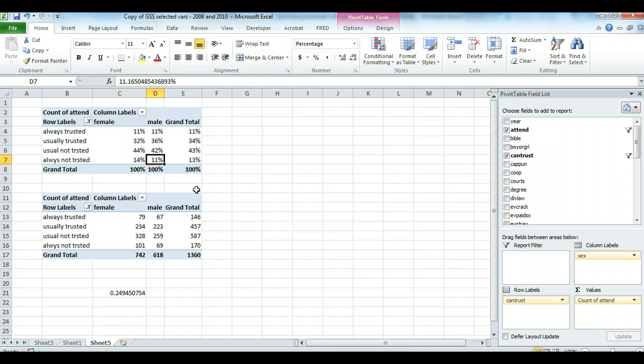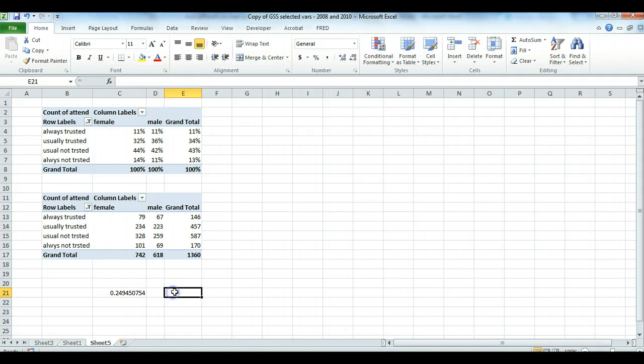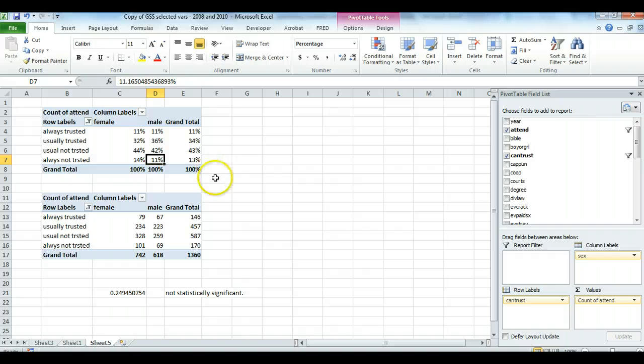It's easy to imagine just by random chance you could get a slightly less trusting female population, a slightly more trusting male population, and you don't want to then naively assume that there's some gender difference that really doesn't exist. That's what the chi-square test tells us here, is this is not statistically significant. So the difference between men and women here is not statistically significant.